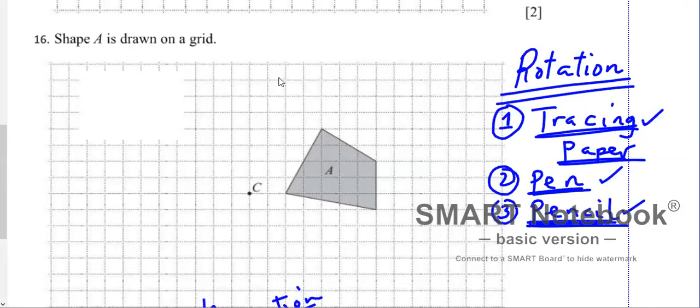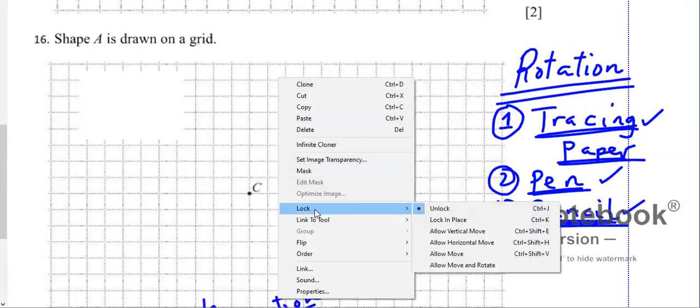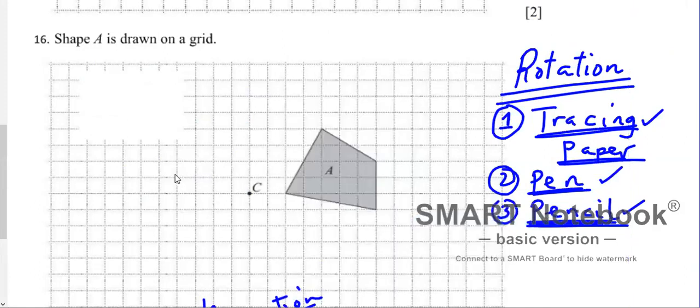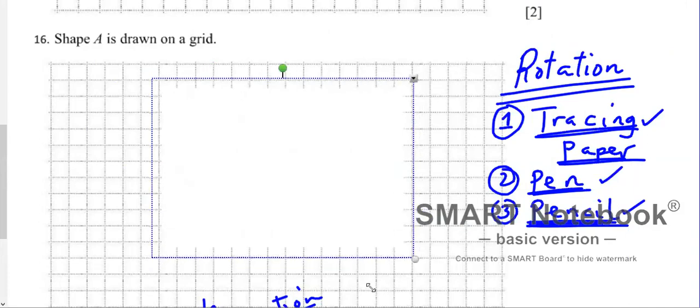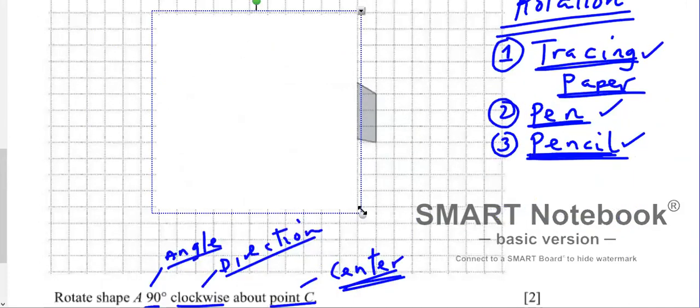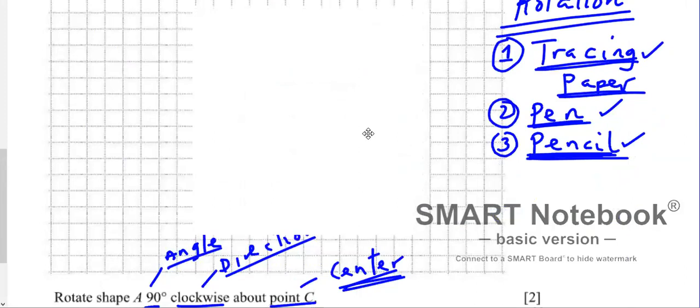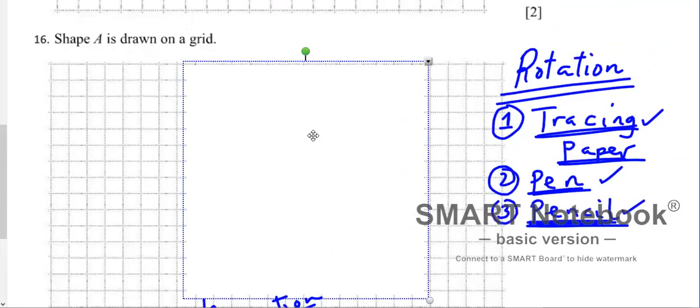All right, so you can see that my tracing paper is ready. This is my tracing paper, and I'm going to show you how do we use this tracing paper.